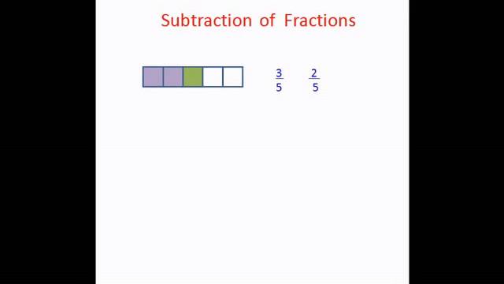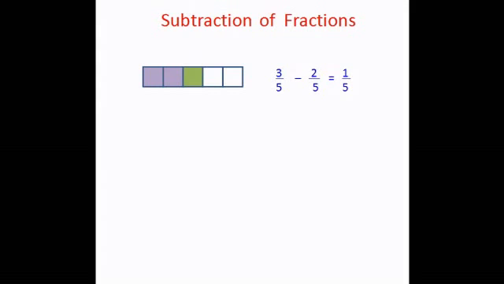That means if I subtract the purple part from the colored part, then I would see only the green part, right? So if I subtract 2 over 5 from 3 over 5, then I will get 1 over 5, which is the green part.